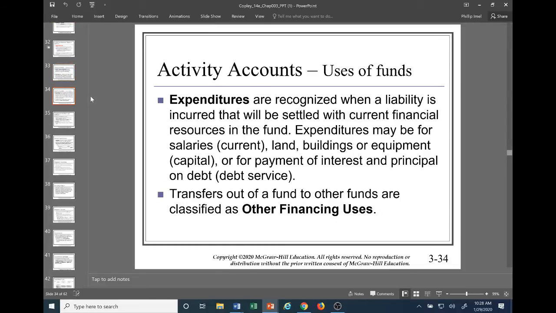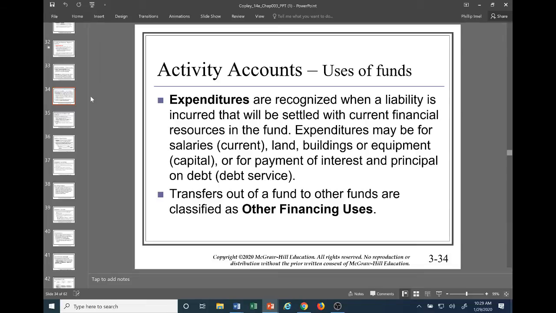So activity accounts still on this, and now we're on uses of funds. So money going out the door now, right? Expenditures. So expenditures, remember, not expenses. So expenditures are recognized when a liability, okay, is incurred that will be settled with current financial resources in the fund. That's why it's expenditures, because it's all worried about this budget, right? And all funds and what's spendable and what's not.